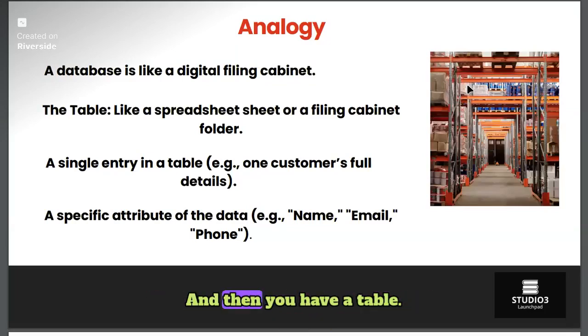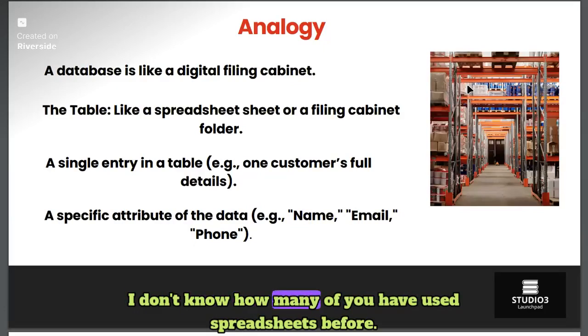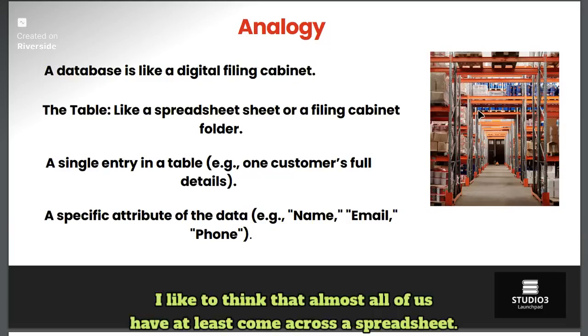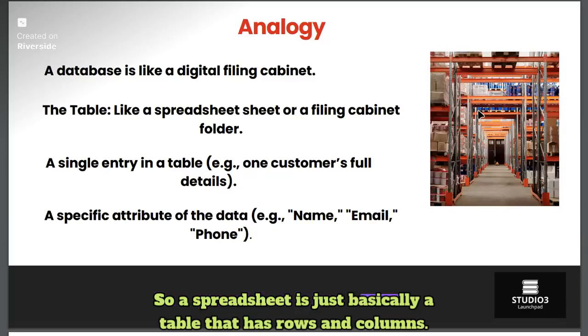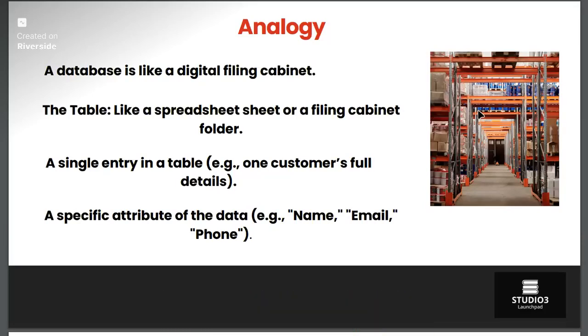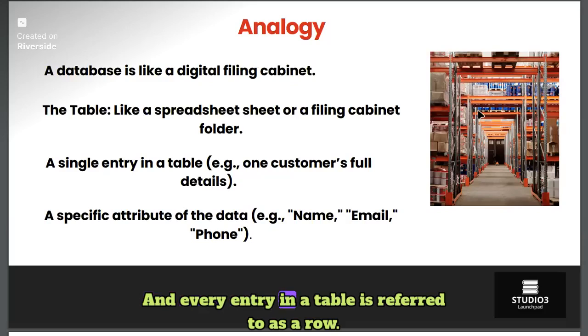And then you have a table. Each table is like a spreadsheet. I like to think that almost all of us have at least come across a spreadsheet. A spreadsheet is just basically a table that has rows and columns, and every entry in a table is referred to as a row, and every column refers to an attribute.